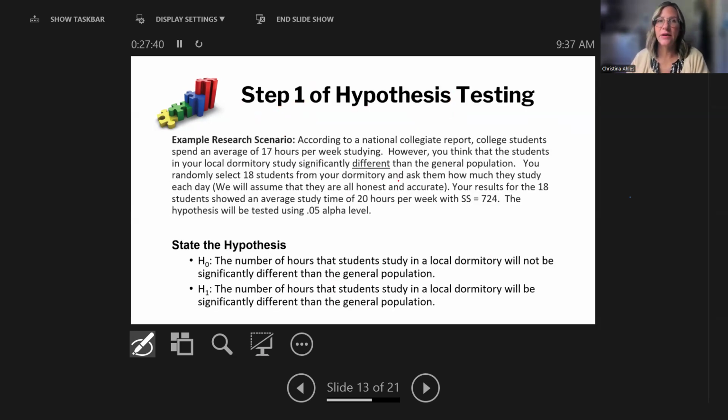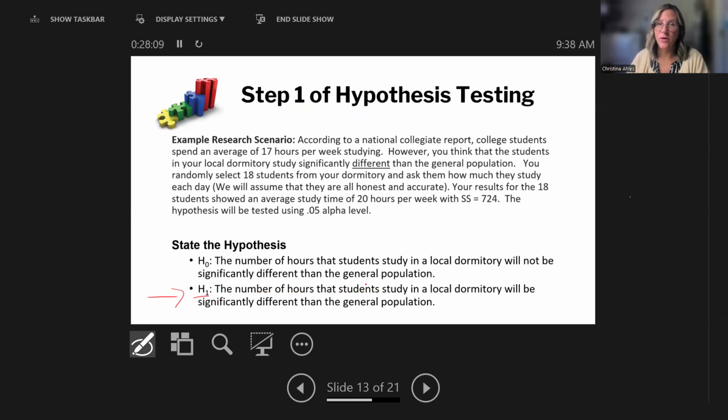So here's that scenario up top. I have both the null and the alternative here, but on the exam, for chapter 8, 9, and 10, you're only going to need to give me your alternative hypothesis. So that H of 1. And mine is the number of hours that students study in a local dormitory will be significantly different than the general population.